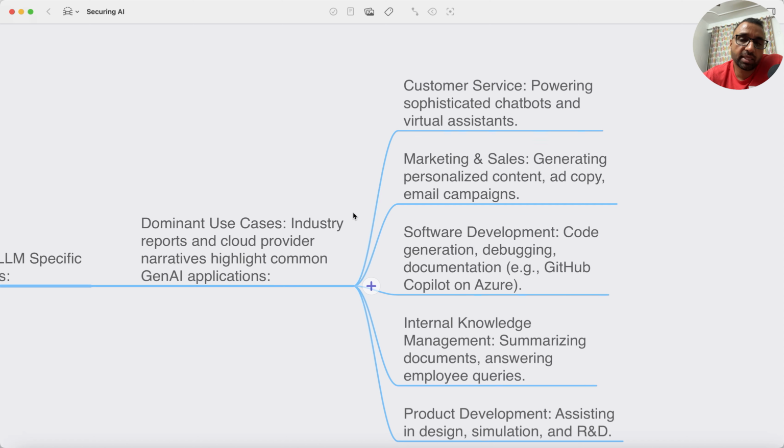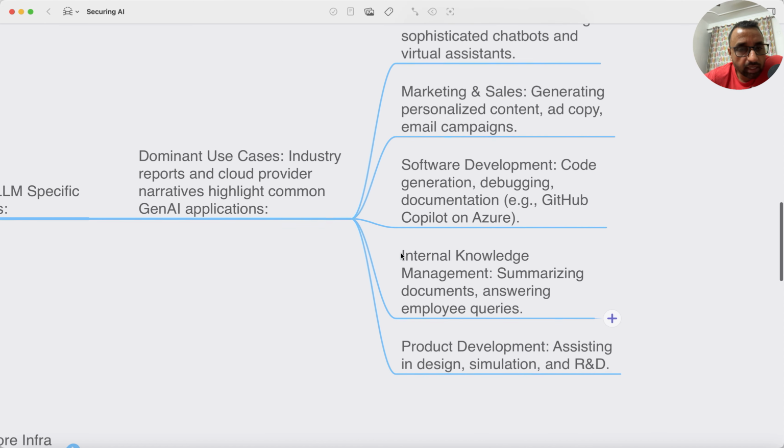Marketing and sales, they are using AI for generating personalized content and copywriting email campaigns. Software development, I'm sure you have heard of vibe coding. So essentially anything around code generation, debugging, documentation. Internal knowledge management is another area where companies are using AI to summarize documents and answer employee queries, as well as product development for assisting in design, simulation, and R&D.